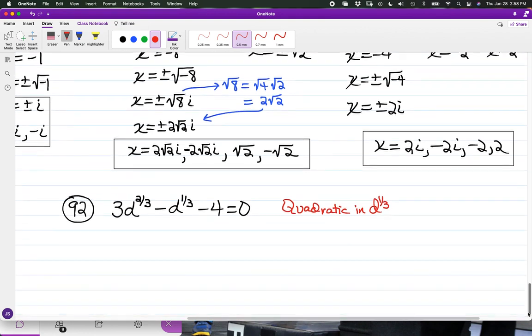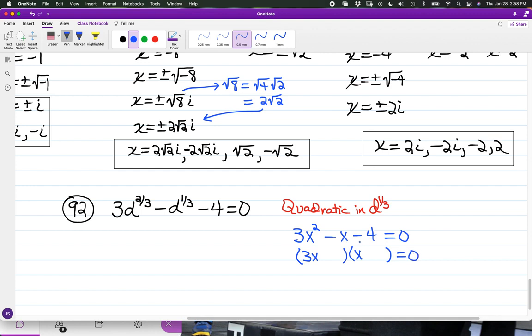And just in terms of factoring, let me give you an analog to this. If I have something like 3x squared minus x minus 4 equal to 0, 3 is a prime number, so 3x squared will factor to 3x and x.